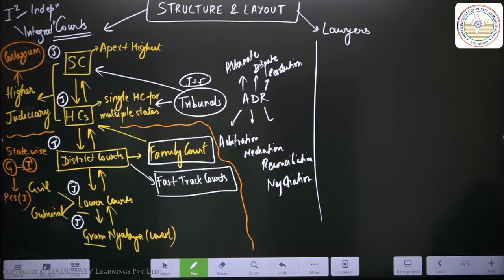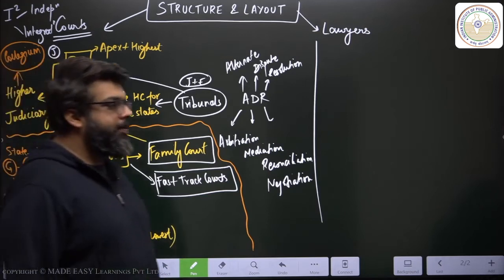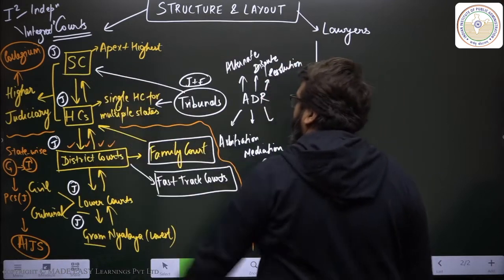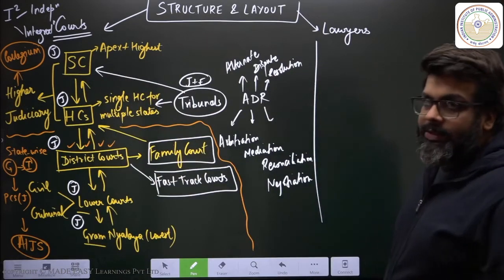And there is a proposal for the last so many years to have a national entrance exam for recruitment to lower judges. And this is called an All India Judicial Services. A national entrance exam to recruit judges at the lower level. Not Supreme Court or High Court, because this is done through a collegium process and separately.